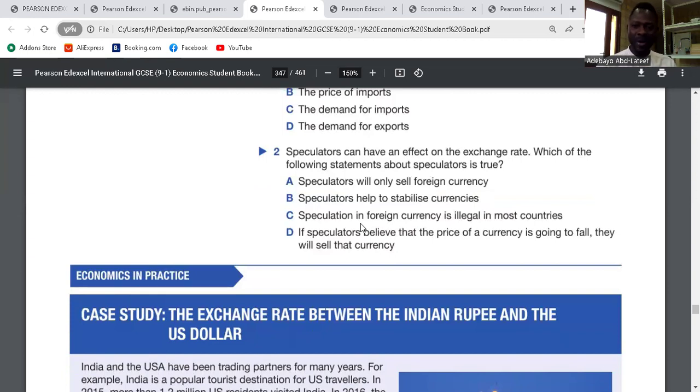Speculators can have an effect on the exchange rates. Which of the following statements about speculators is true?